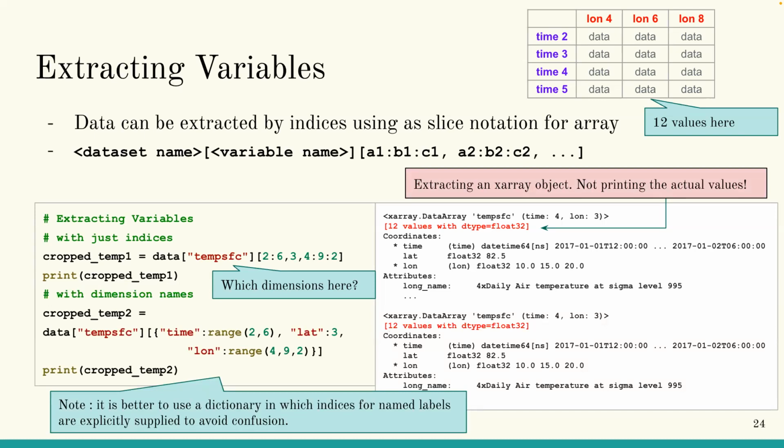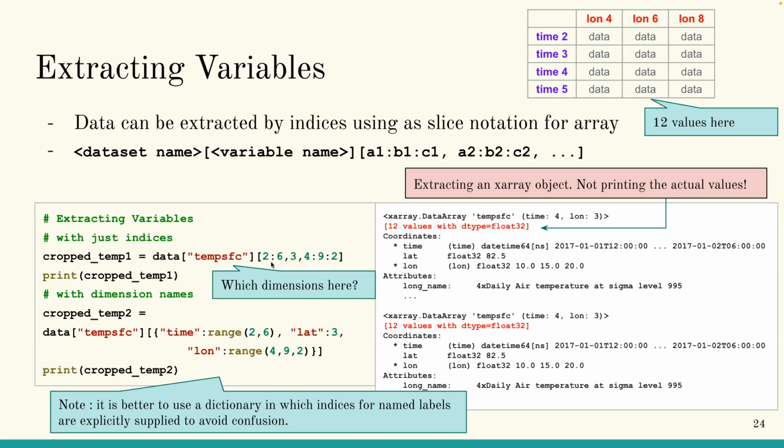Next is exactly the same as the previous slide, except that now we can tell the computer which dimension you're talking about. Before, you had to know the order of your dimension in your data: the first one is time, the second one is latitude, the third one is longitude.